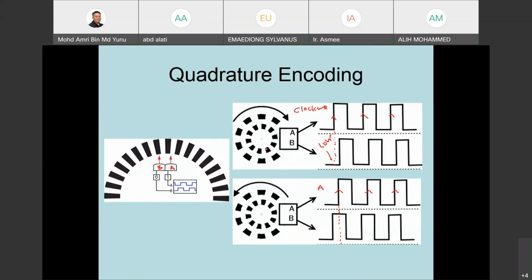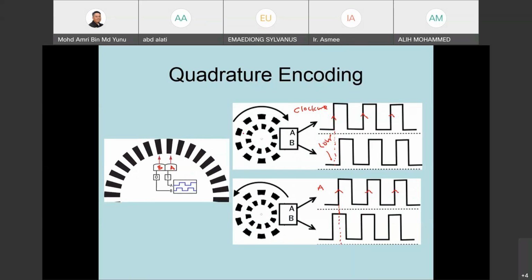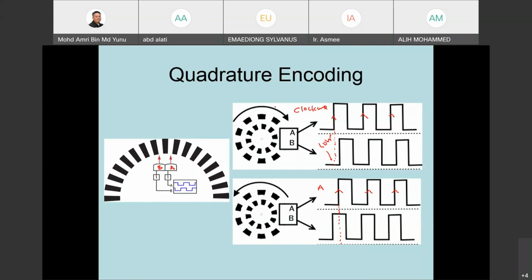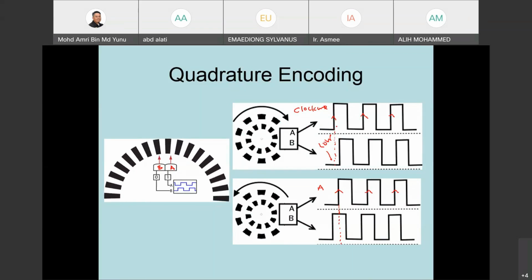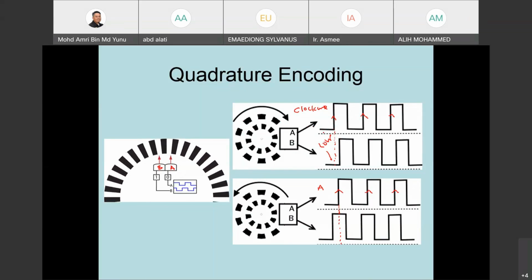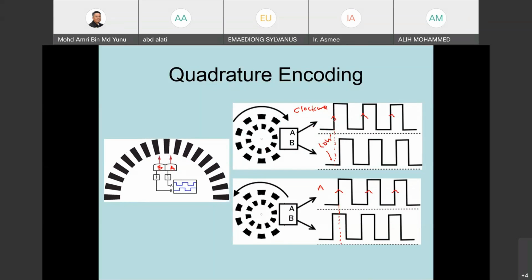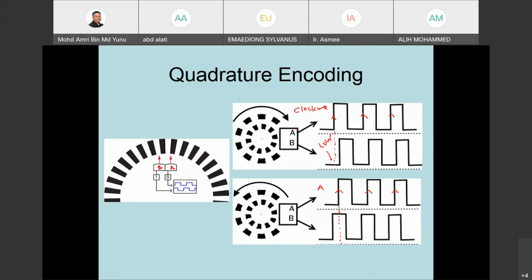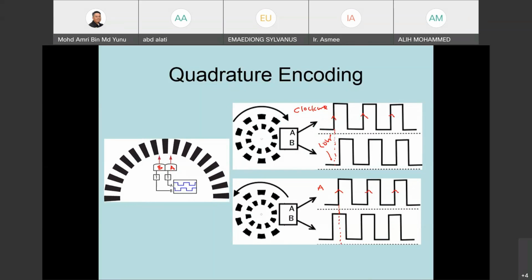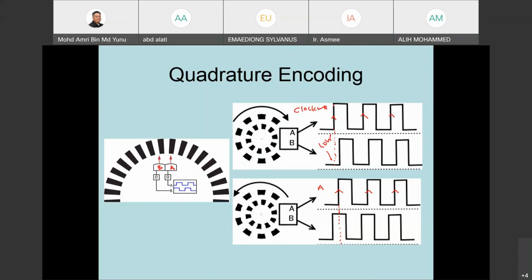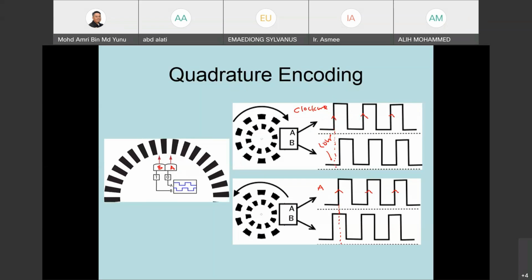For example, in the first case, when this is spinning, when the A output is rising, the system will check the output of B.